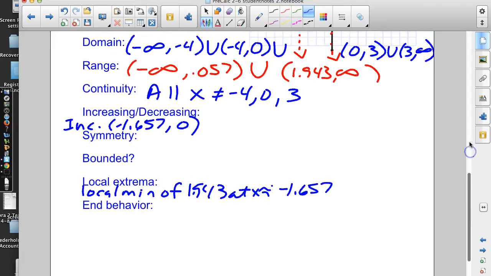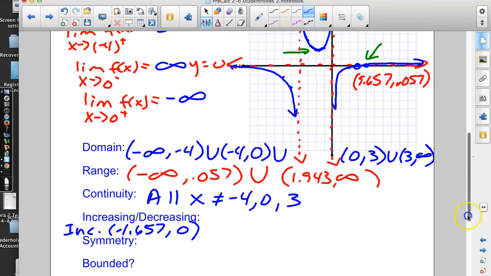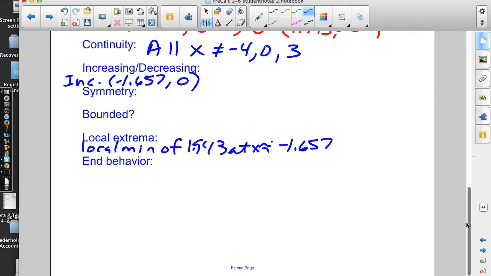Right, that's the point that we had up here. Right here. So this is increasing from 0 to this position, which is at 9.657 for the x. All right. Decreasing.